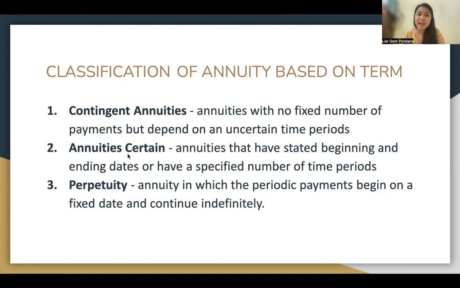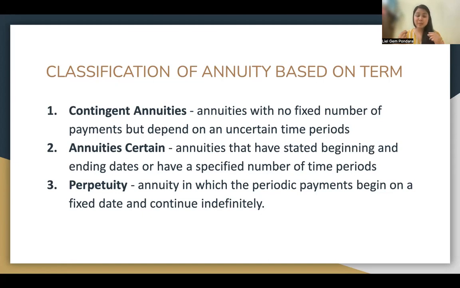The second is the annuity certain. Based on the word certain, it means that there is a certain beginning and ending, a date. For example, a Globe Telecom postpaid bill. It is usually renewed every 2 years.